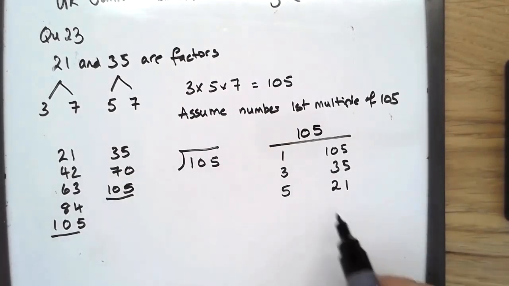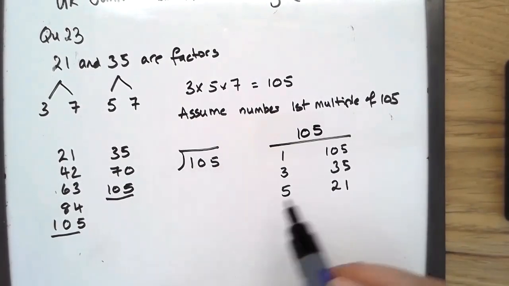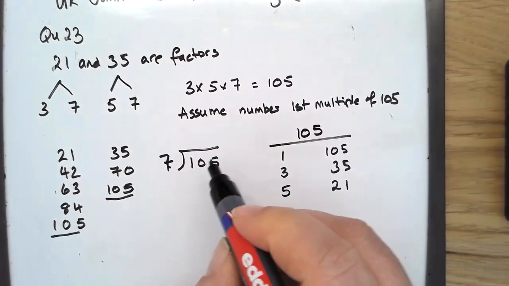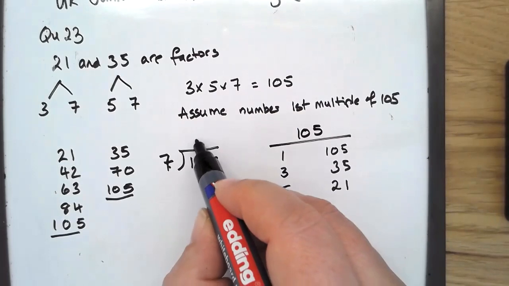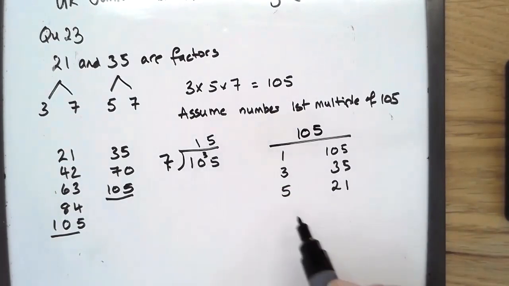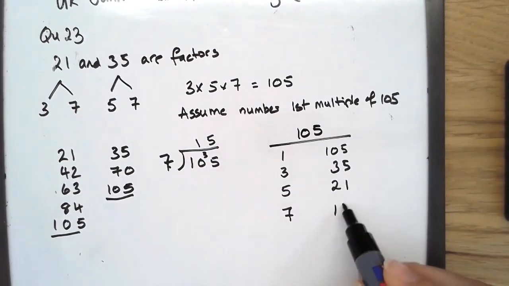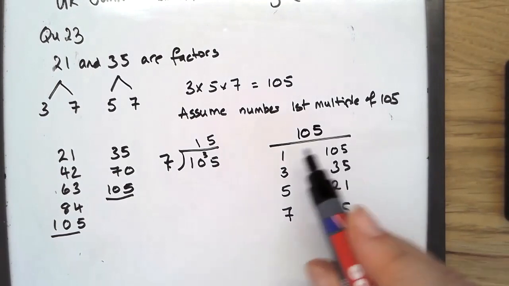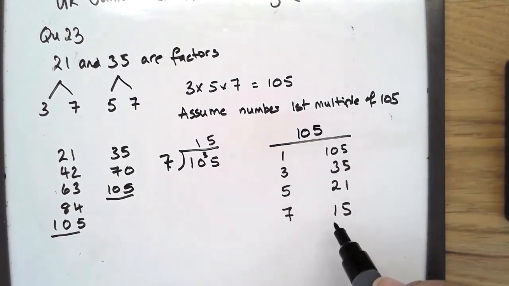We know that 21 is a factor of 5, then 7. 6 definitely isn't. Let's look at 7, and this is a factor. So 7 here and 15. Not 8, not 9, not 10, 11, 12, 13, 14. So therefore, these are all the factors of 105.